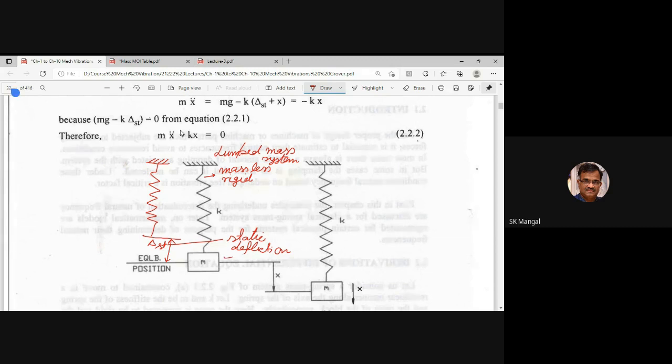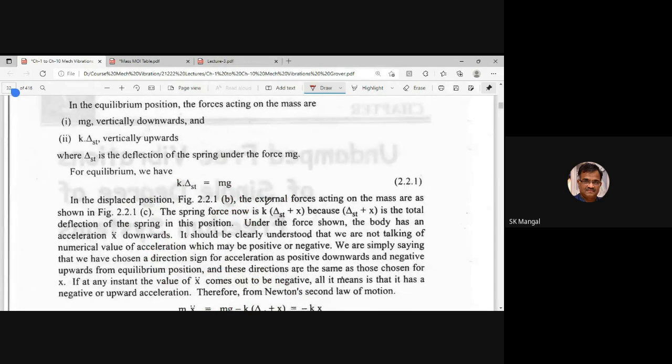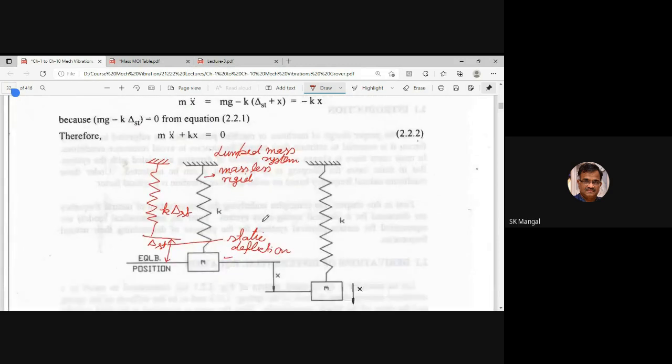So you can say mg is the force acting downward, and the spring force is nothing but k delta st. So for the equilibrium condition of the spring mass system, you are getting this equation. This is your condition here.